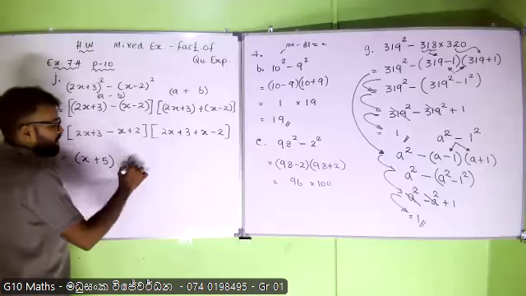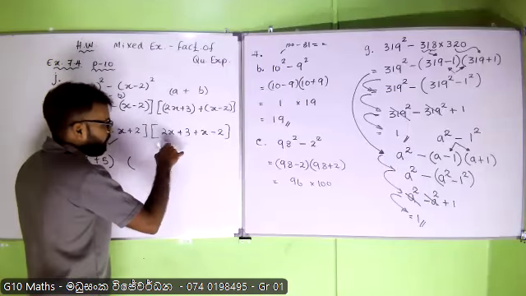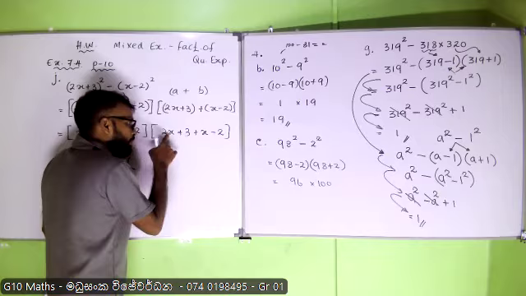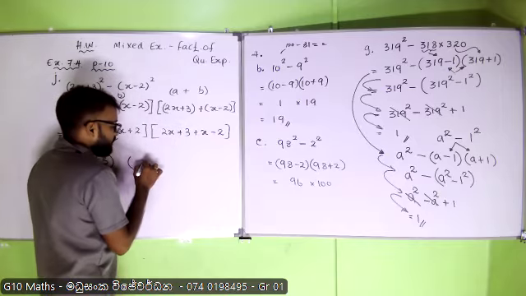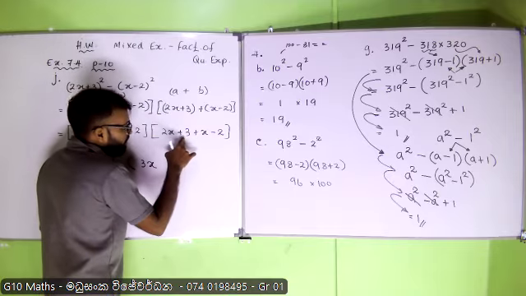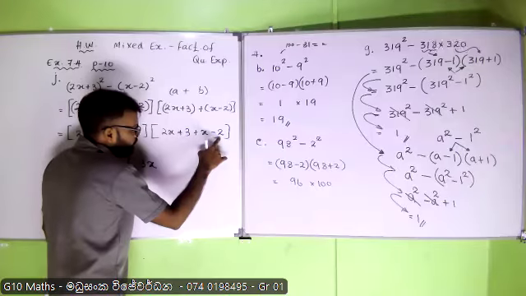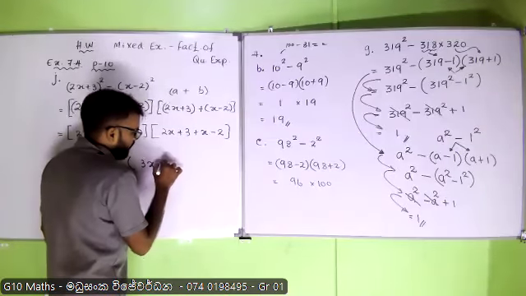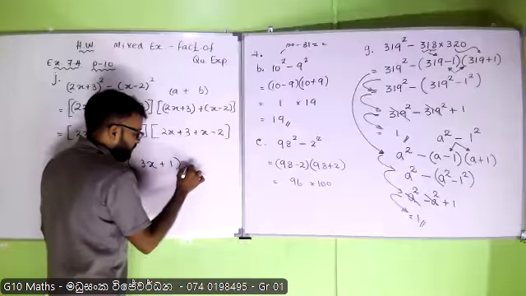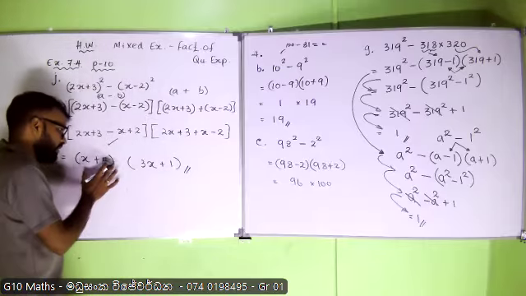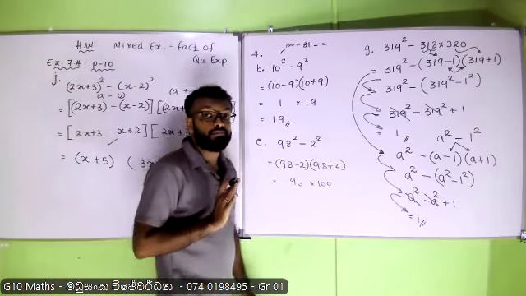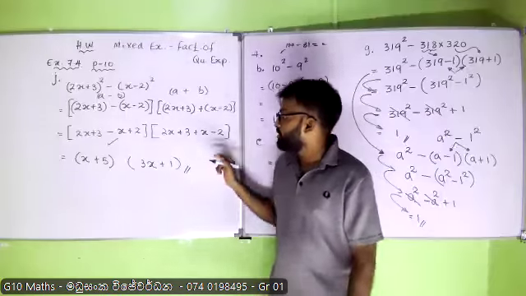This is done. Now I am going to do this. 2 apples plus apple, 3 apples, 3x. 3 bananas minus 2 bananas, 1 banana, that means 1. You need to simplify up to this step. Don't stop from here.